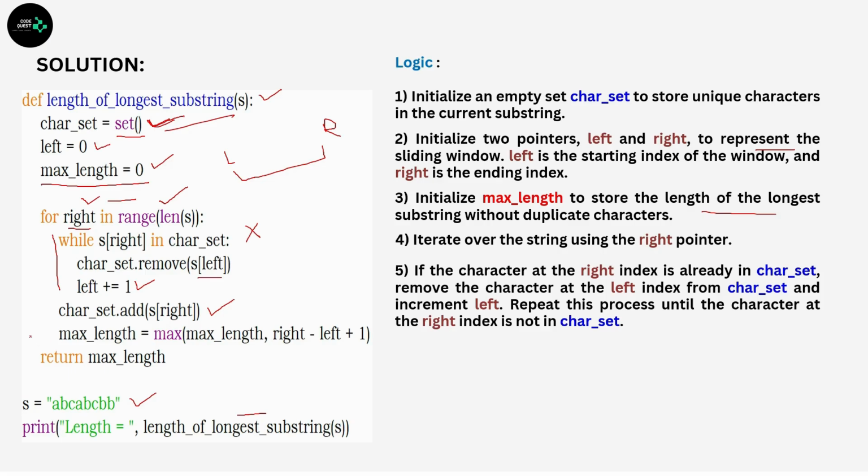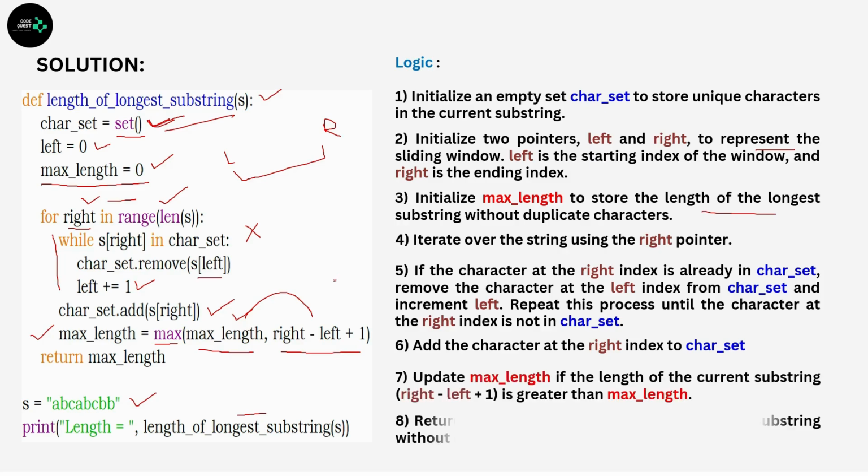Later on we check the max length, where I'm using a function called max. What does max do? Max is going to give me the maximum value among the values supplied. Here we are supplying the original maxLength and right minus left plus 1. Between these two, whichever is the maximum is what the max function gives me, and it gets stored inside maxLength.